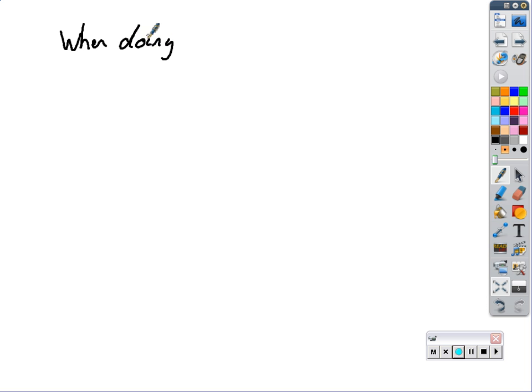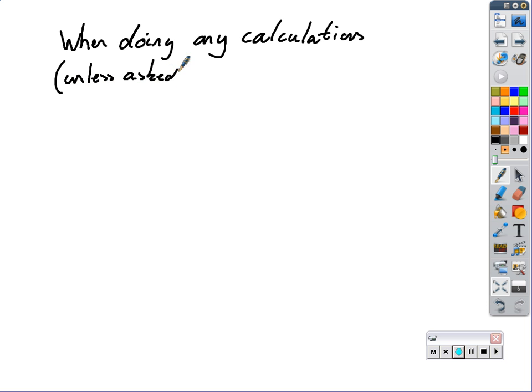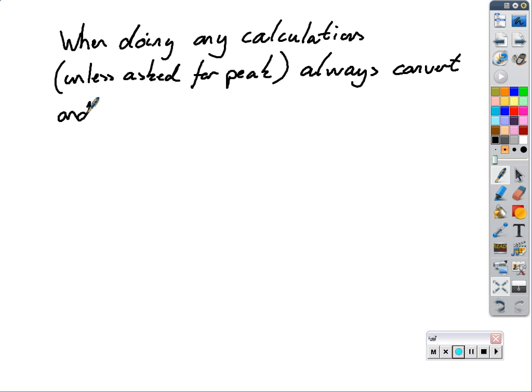When doing any calculations, unless asked for peak, always convert and use the RMS value.